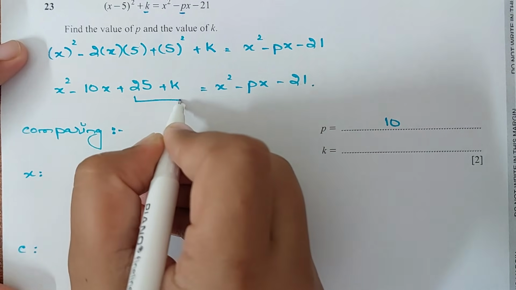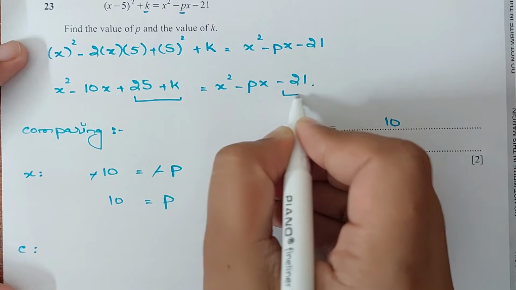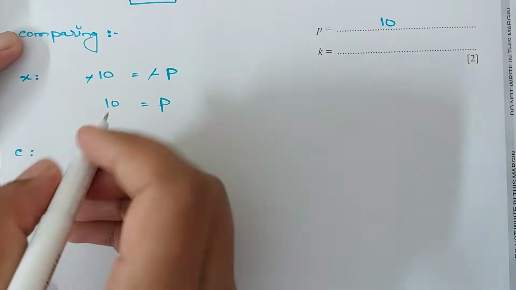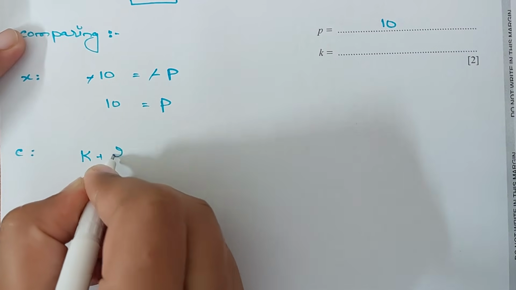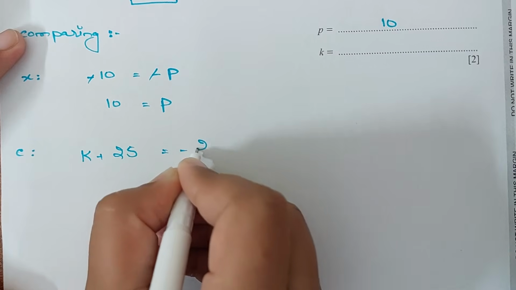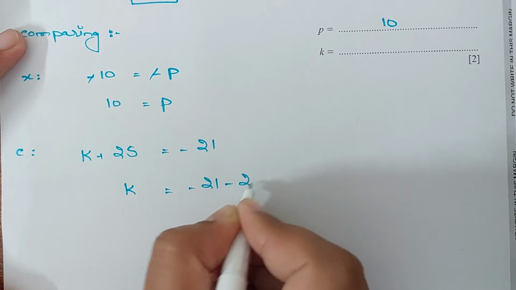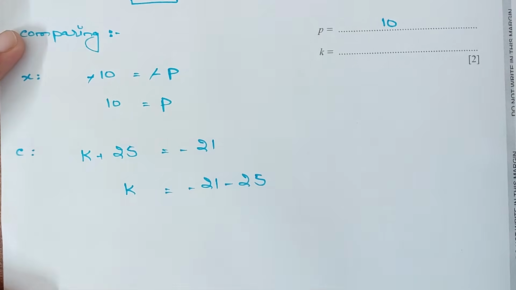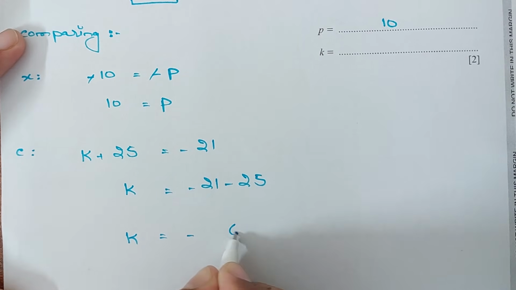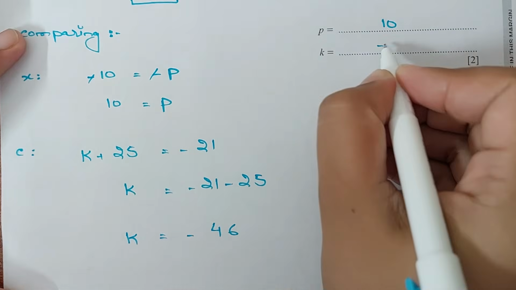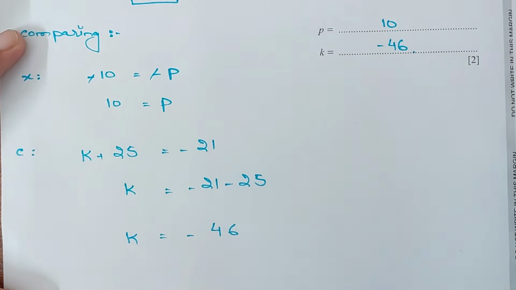Here the constant term is 25 plus k, and here the constant term is minus 21. So k plus 25 equals negative 21, so k is negative 21 minus 25. Just simplify: k value is negative 46. These are the values for p and k.